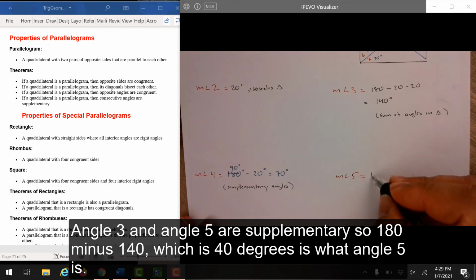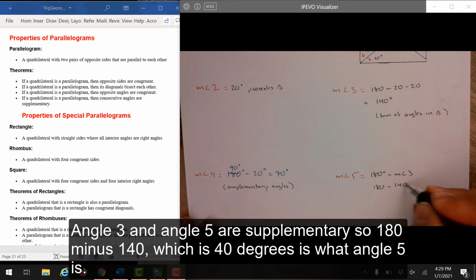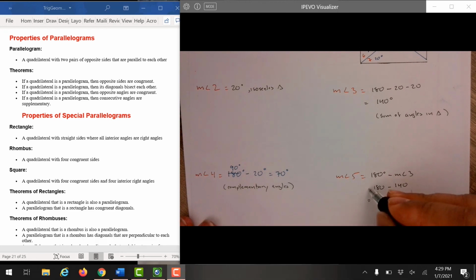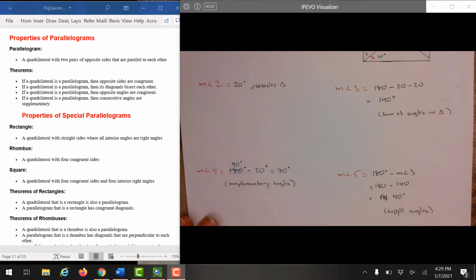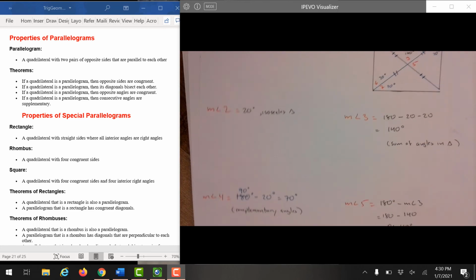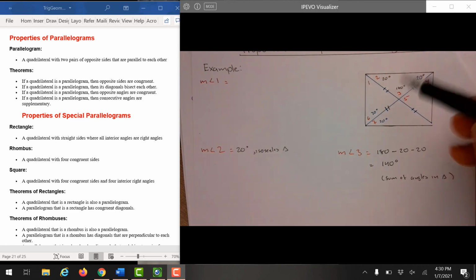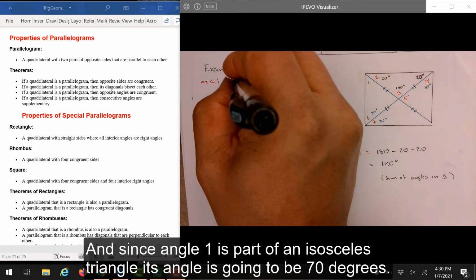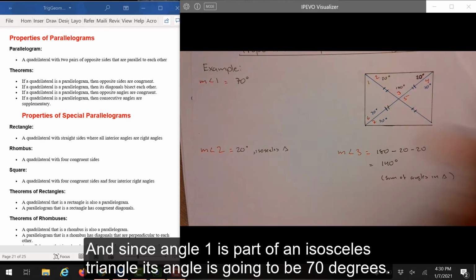Angle 3 and angle 5 are supplementary, so 180 minus 140, which is 40 degrees, is what angle 5 is. And since angle 1 is part of an isosceles triangle, its angle is going to be 70 degrees.